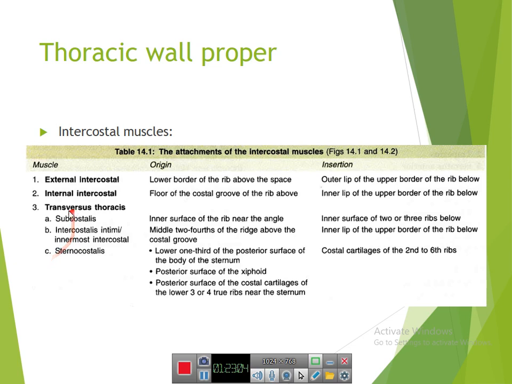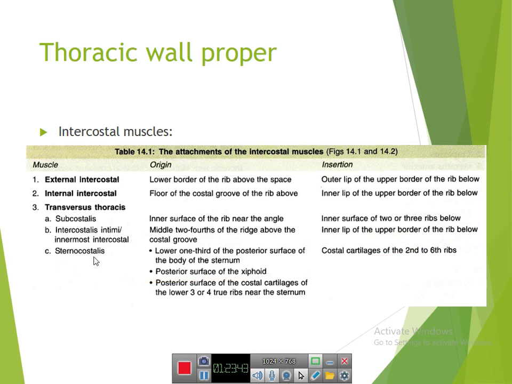And about transversus thoracis and its subdivisions, for example subcostalis: origin is the inner surface of the rib near the angle, and its insertion is the inner lip of the upper border of the rib below. For innermost or intercostalis intimi, origin is the middle two quarters of the ridge above the costal groove, and insertion is the inner lip of the upper border of the rib below.